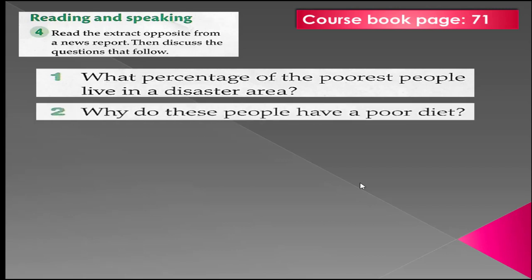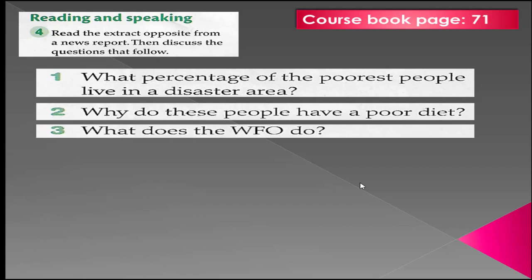Why do these people have a poor diet? Now, in this question, we need a reason. What does the WFO do? Tell me about the activities that WFO, which means World Food Program, does.